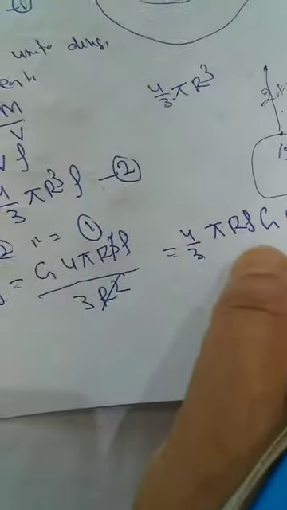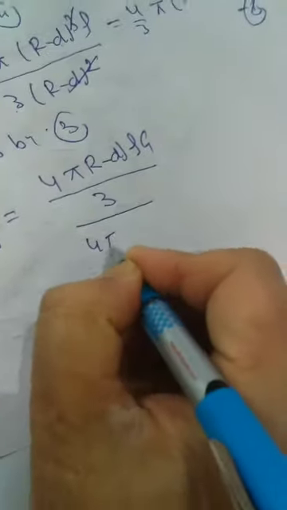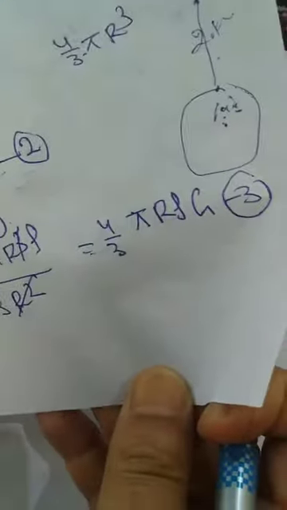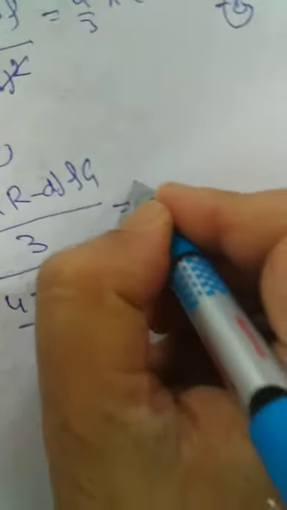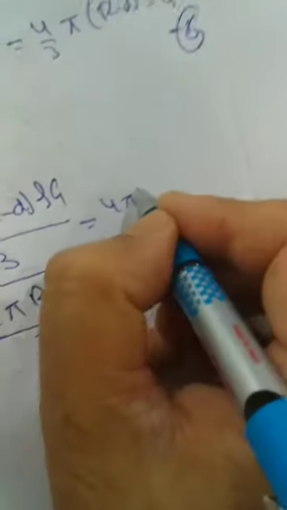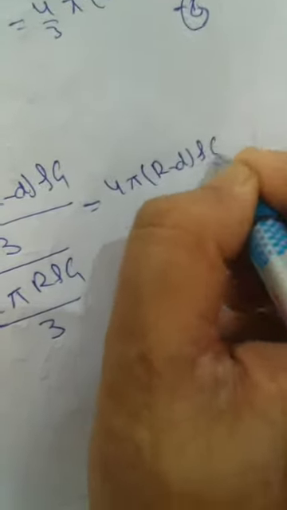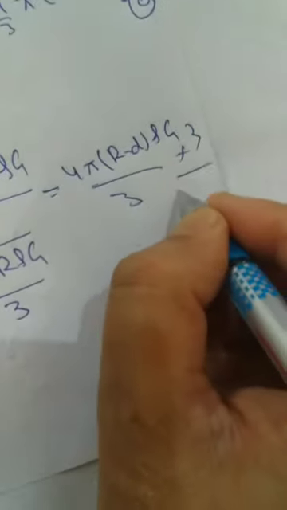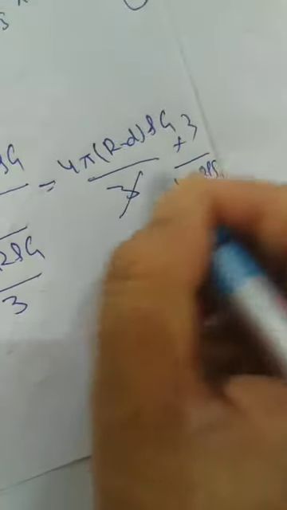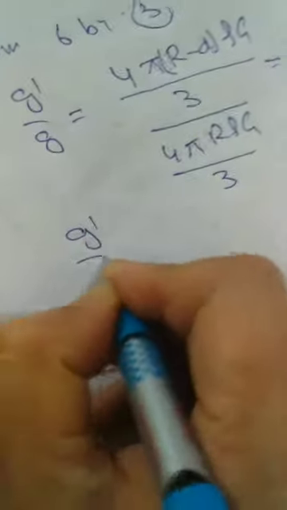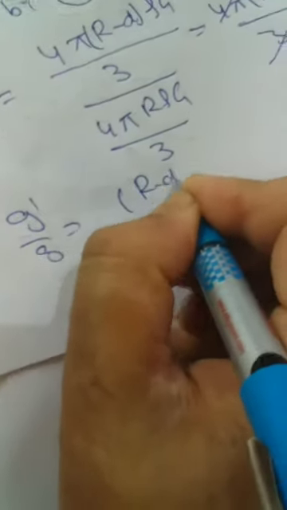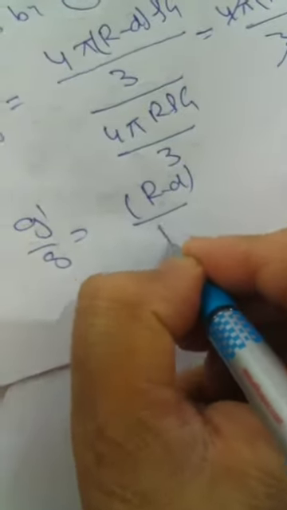We will divide this by 4 pi R rho G divided by 3. When we simplify, this 4 pi and 4 pi, rho g and rho g cancel. Ultimately we can get g dash divided by g is equal to (R minus d) divided by R.